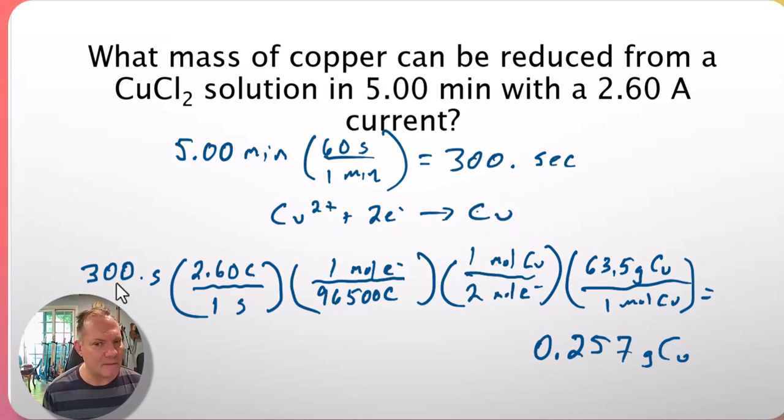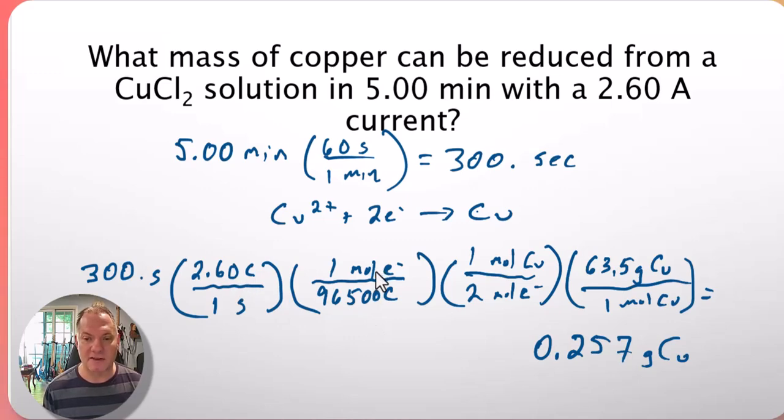Now, the working stoichiometry here. We have seconds as our input, but we know it's a 2.6 amp current. So I set the 2.6 coulombs per second as my amperage. That way my seconds cancel. Now I'm talking about coulombs. I'm in physics world. I changed the coulombs to moles of electrons. So 1 mole of electrons is equal to 96,500 coulombs of charge. My coulombs now cancel.